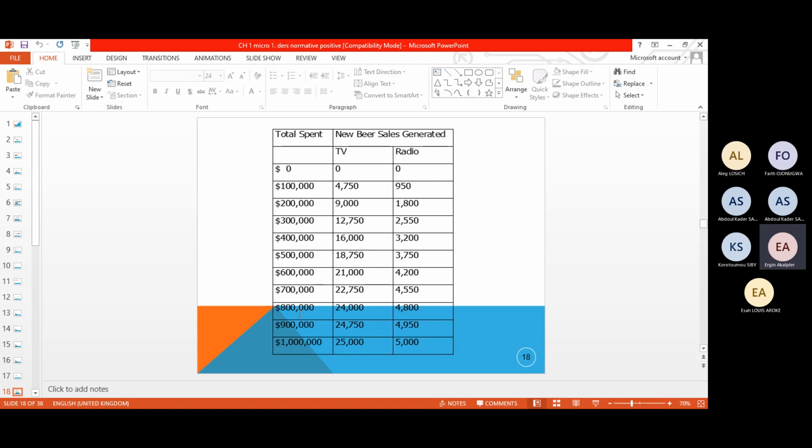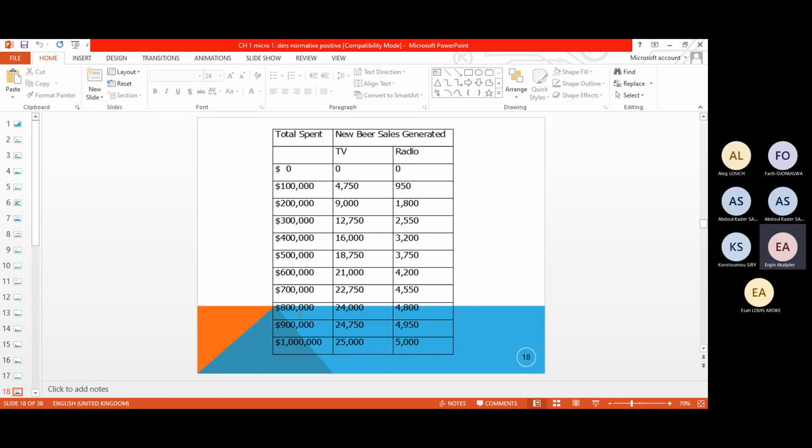And when we look at 500,000, it is going to be 18,750, and then 3,750. When it goes to 700,000, it is going to be 22,750 and 4,550. And when it goes to 900,000, it is 24,750 and for the radio 4,950.